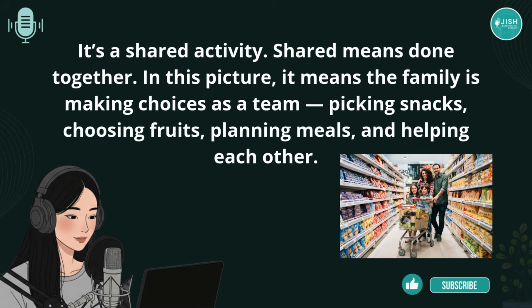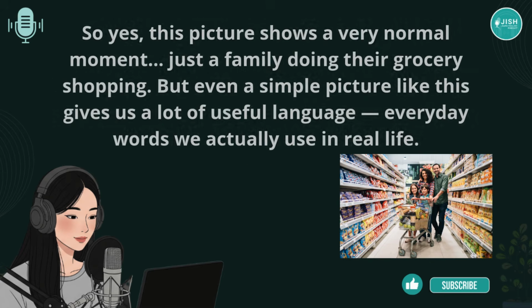It's a shared activity. Shared means done together. In this picture, it means the family is making choices as a team, picking snacks, choosing fruits, planning meals, and helping each other. So yes, this picture shows a very normal moment, just a family doing their grocery shopping.